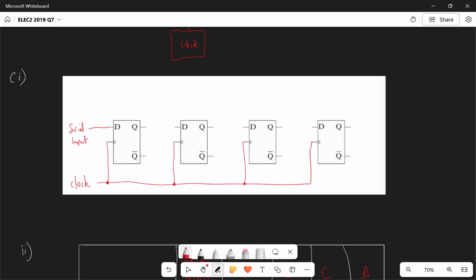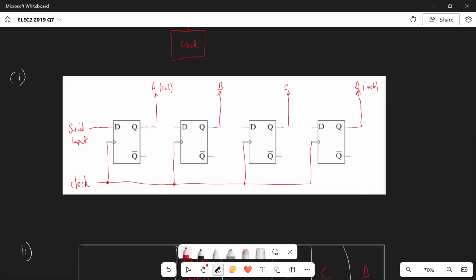And then we can label the outputs. Now, the outputs we're going to label A, B, C, and D, and they are all linked to the Q outputs. And for this particular CPO, A, which is the least significant bit, is on the left, followed by B, C, and D, which is our most significant bit.